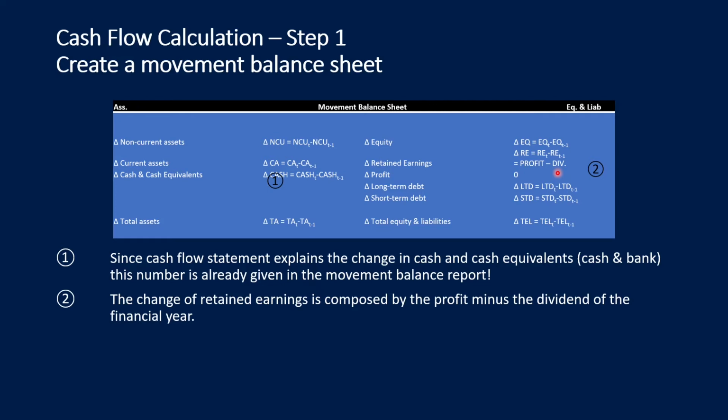So what we see here is the appropriation, and that is reflected in retained earnings. So the change in retained earnings is profit minus dividend. The change in profit, or the profit account, the income statement, is again 0 because the appropriation is already done.